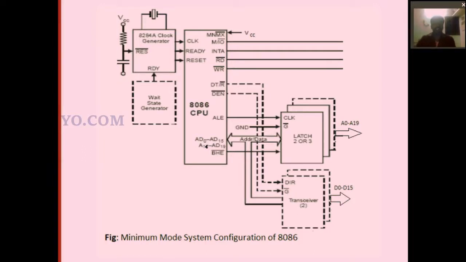So the first signal is M bar IO bar. This M bar IO bar indicates whether the data transfer is in memory or in IO. So it acts as a switch. Sorry, if it is 0 that means IO, if it is 1 that indicates memory.